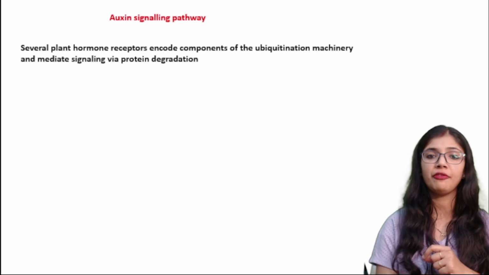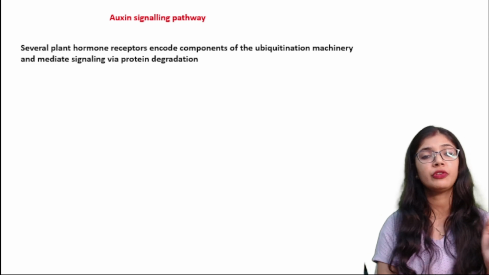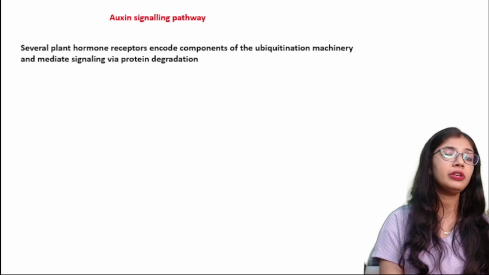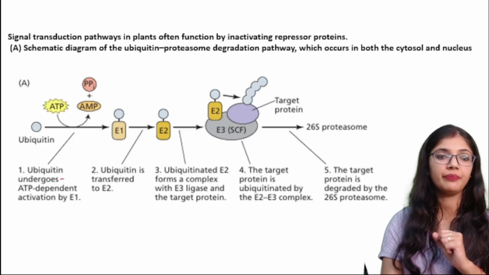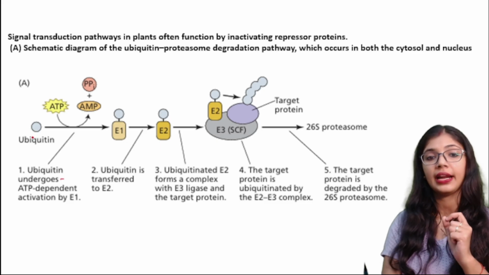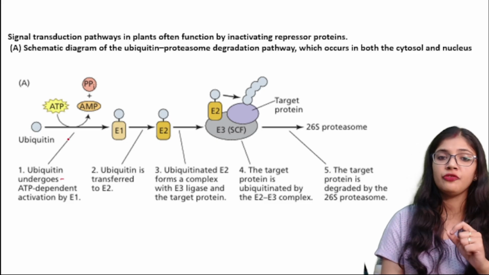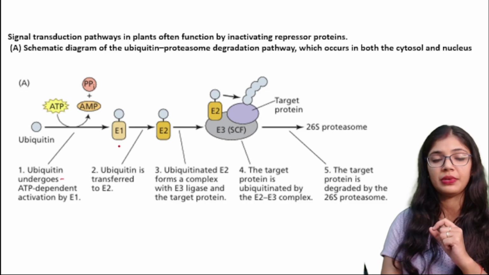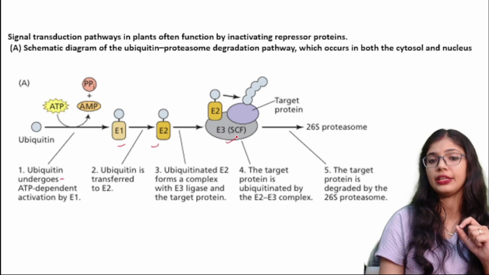So first of all, we have to understand how this ubiquitination machinery is required for protein degradation. Then we will go into detail on the signaling pathway. The ubiquitin protein is in the inactive form. For its activation, it requires energy, and there are other complexes like E1, E2 and E3.